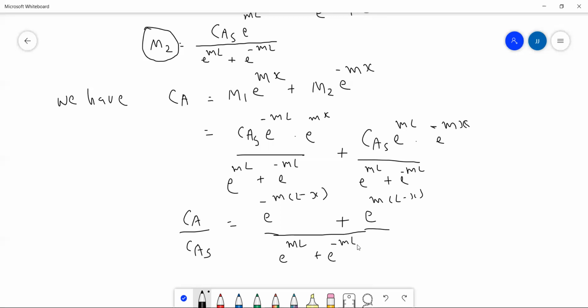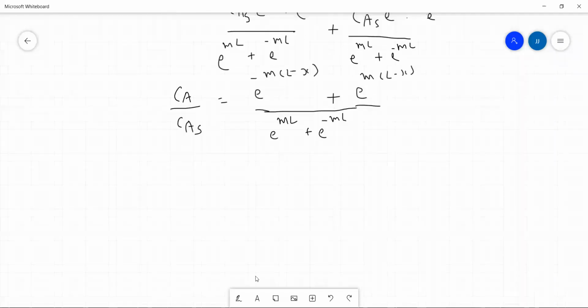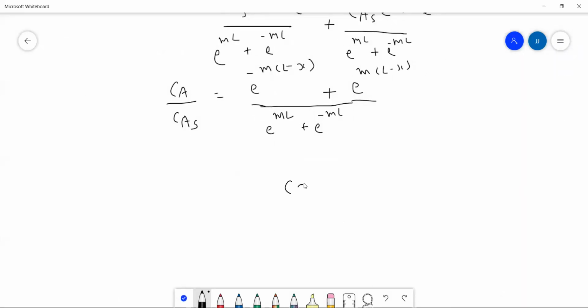So we know that cos hyperbolic x is equal to e raised to x plus e raised to minus x divided by 2.